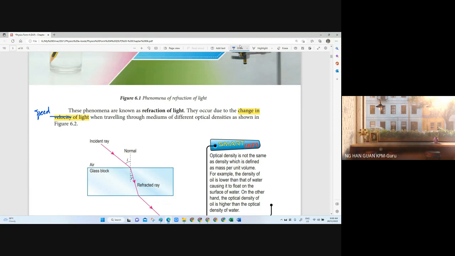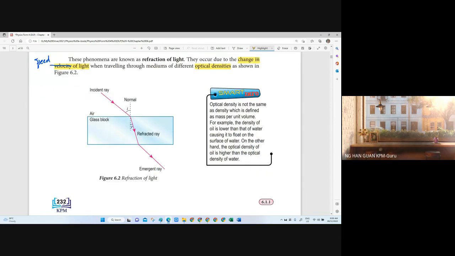This happens when light travels through media of different optical density. When you give explanations about diffraction of light, the term optical density is very important. You cannot just mention density generally, just like the smart info given here.